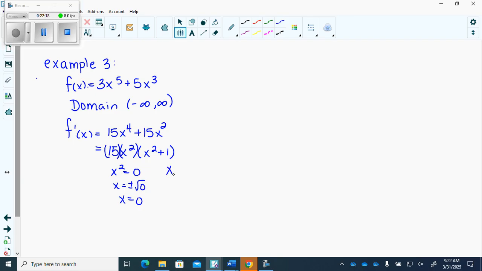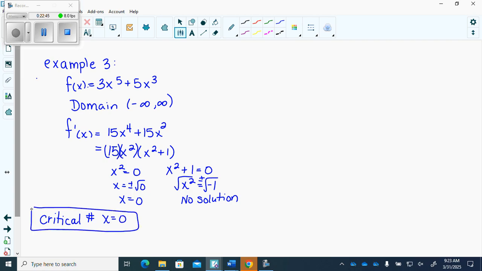This one we'd have x squared plus 1 equals 0. x squared equals negative 1. Square root of a negative. What happens? No solution. So our only critical number is x equals 0.